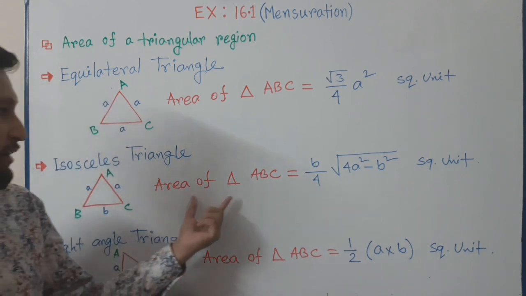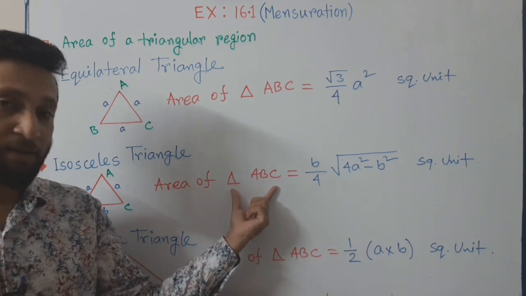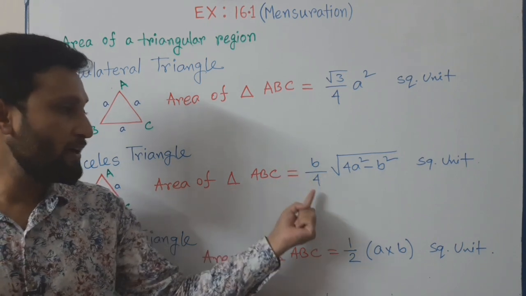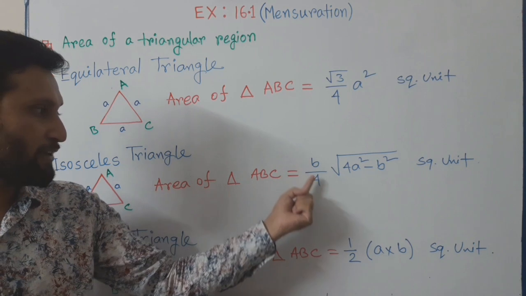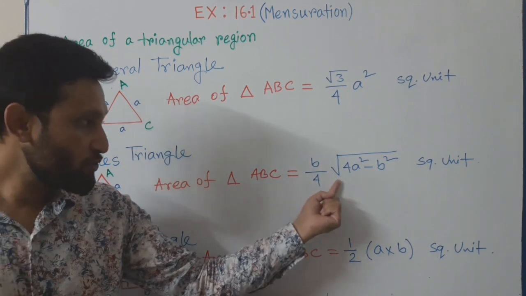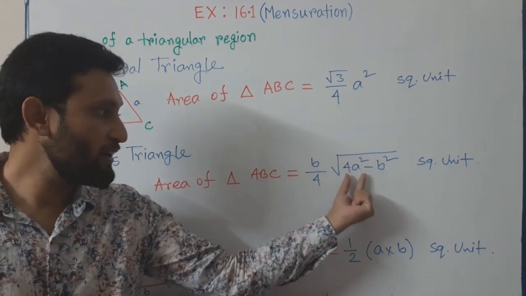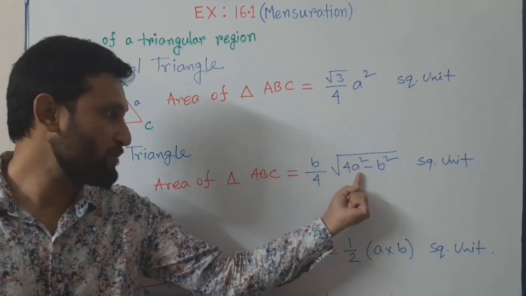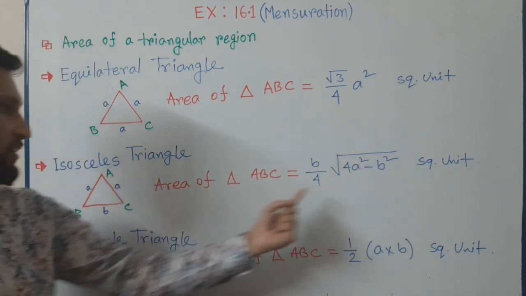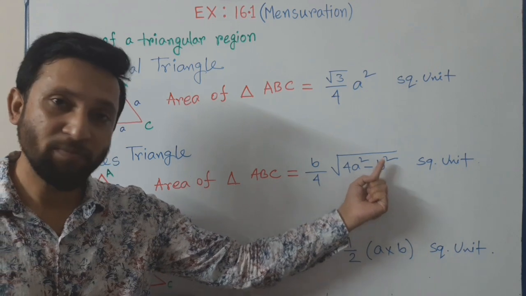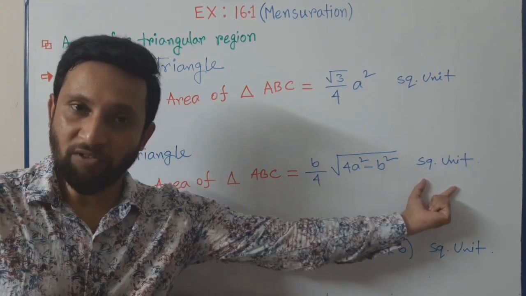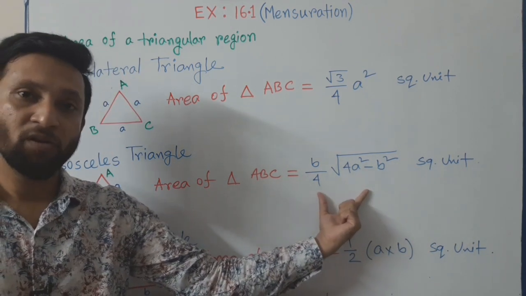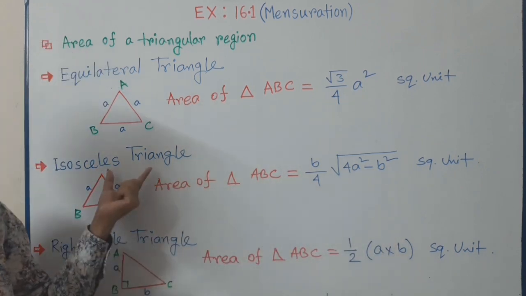So the area of this isosceles triangle ABC equals B by 4, that means base by 4, square root of 4A square, that means equal side length square, minus B square, that means base square, and then square unit. This is the formula of area of isosceles triangle.